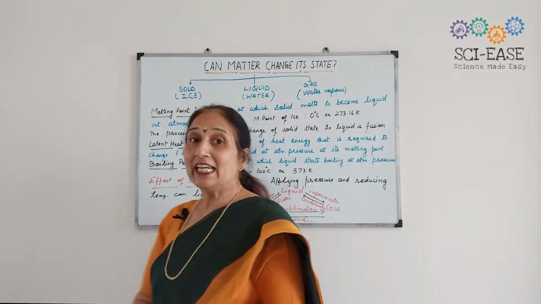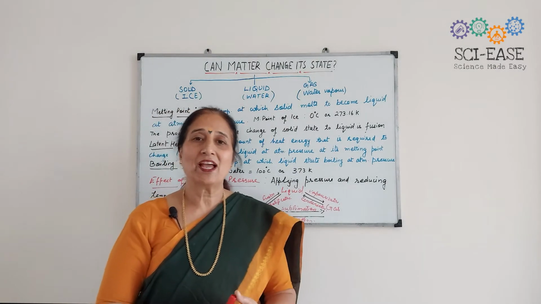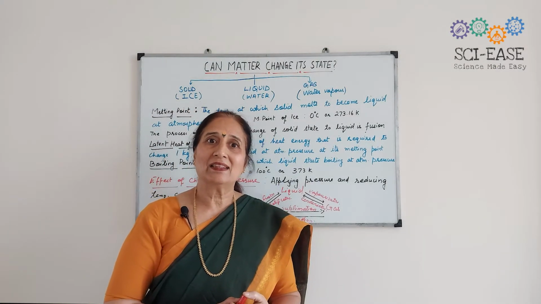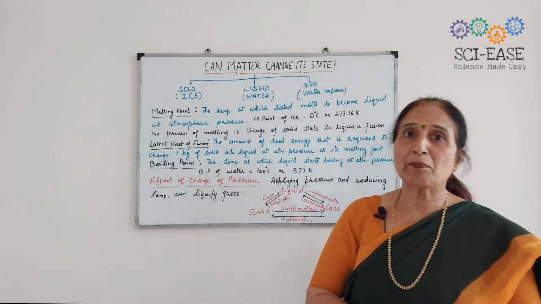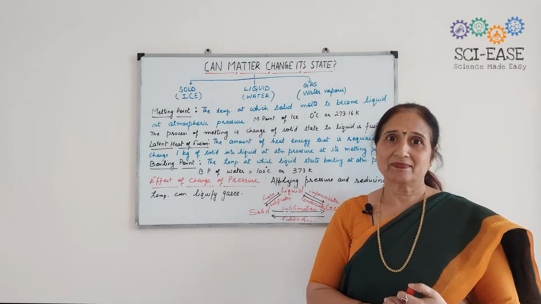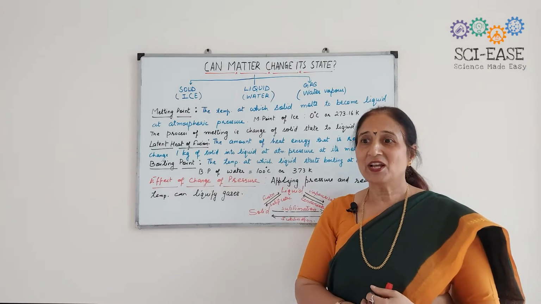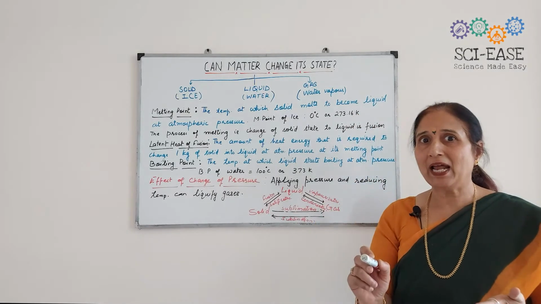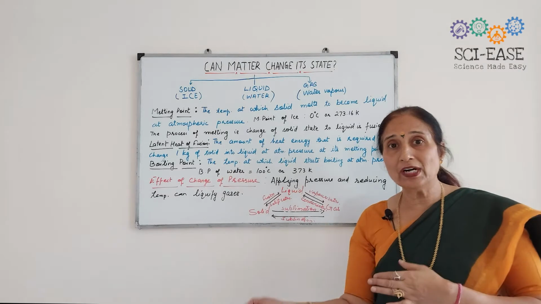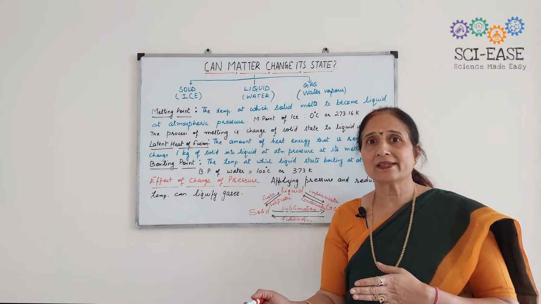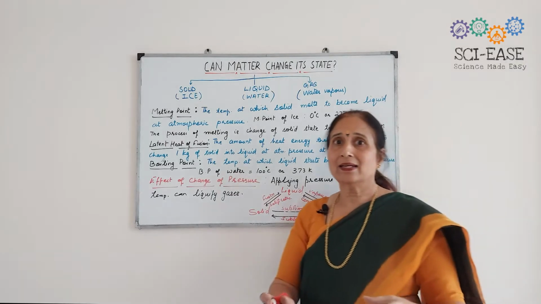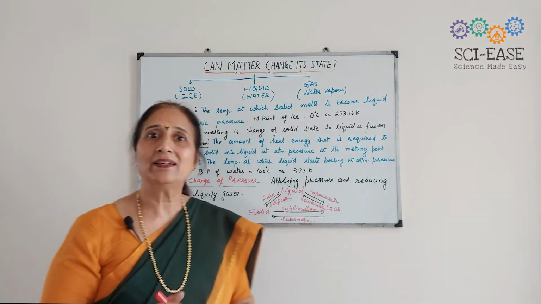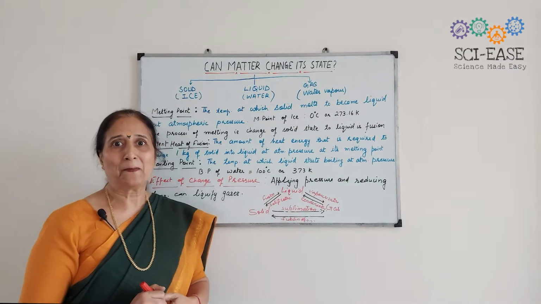When we are heating the system, we will see that the heat supplied does not change the temperature. Why? Because that heat supplied will overcome the force of attraction between the molecules in the solid, and the solid will change into the liquid.